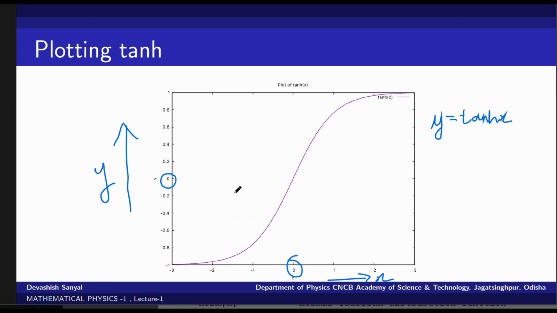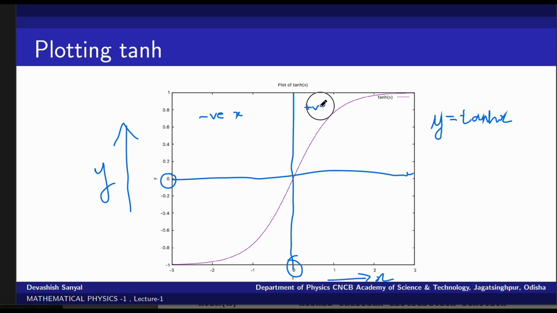That means if I go to tan hyperbolic, so this is my y is equal to 0 line, and this is my x. So my x equal to 0 line is important. This is my x equal to 0 line. So if I know the nature of the plot on the right hand side, this is negative x, this is positive x on this side.